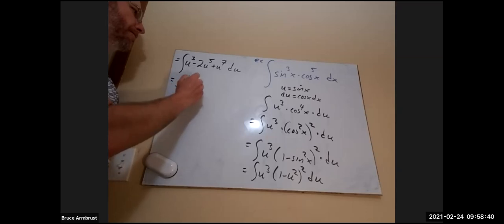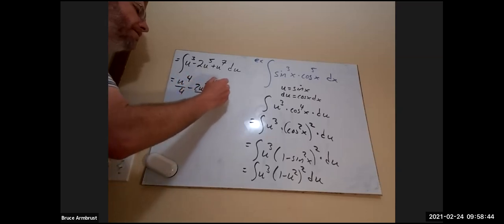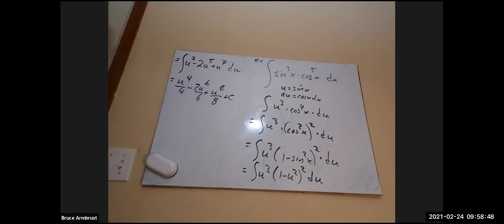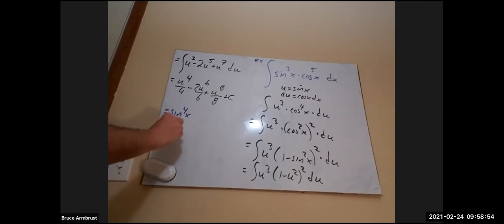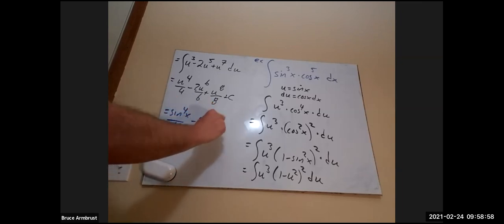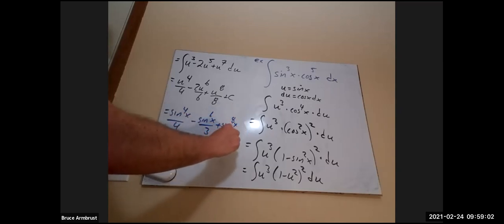U to the 4th over 4 minus 2u to the 6 over 6 plus u to the 8 over 8 plus C. And we'll put back our u. So we get that this integral is sine to the 4th over 4 minus sine to the 6th over 3 plus sine to the 8 over 8.